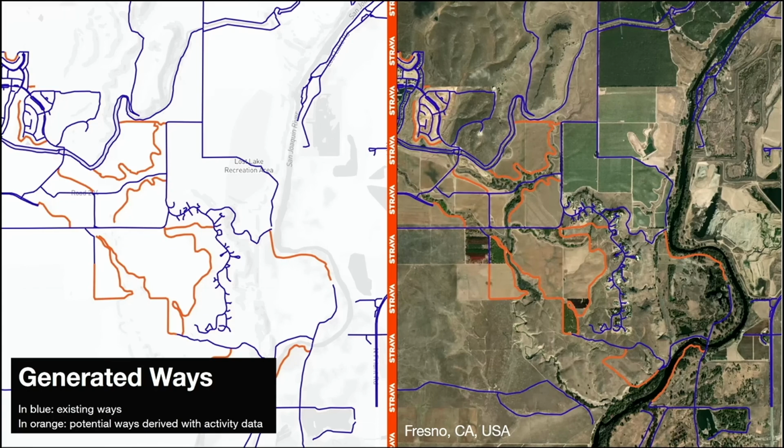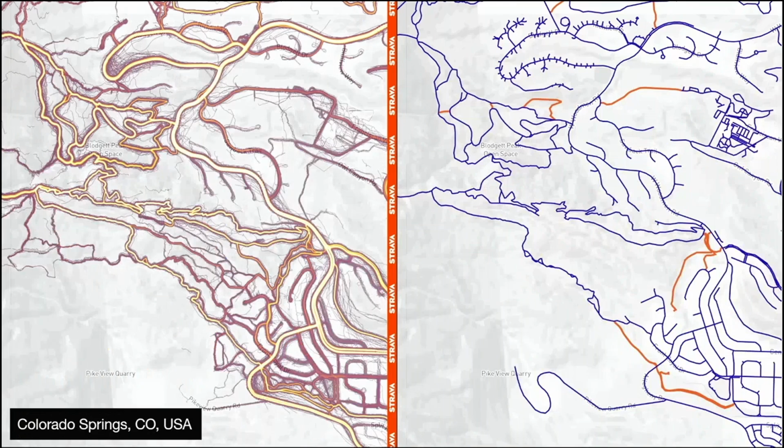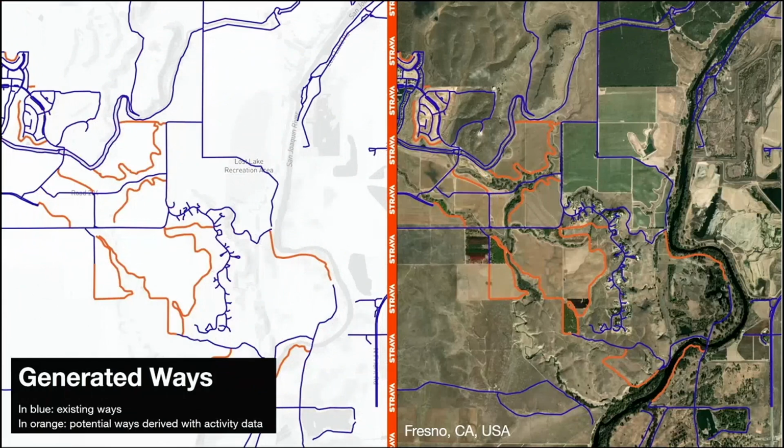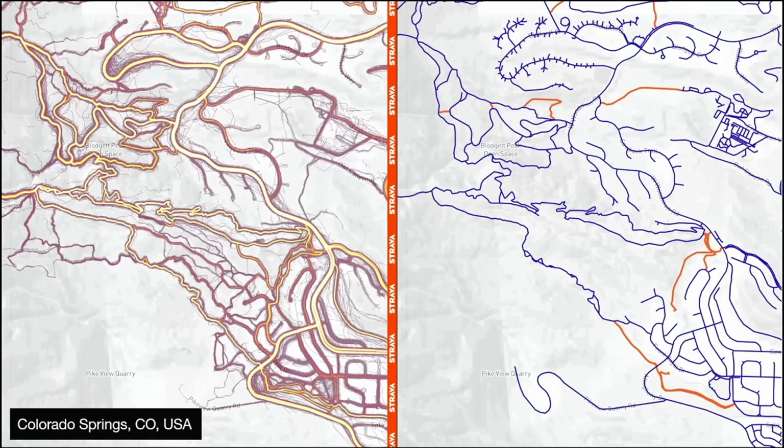Actually, let's go back to this. You see that the generated ways actually do represent some farm roads that were previously unmapped.